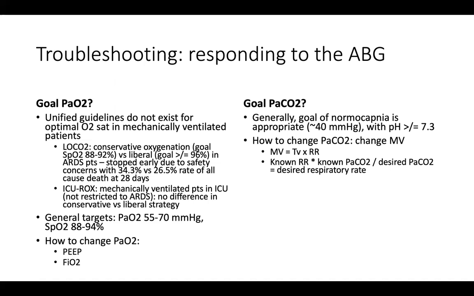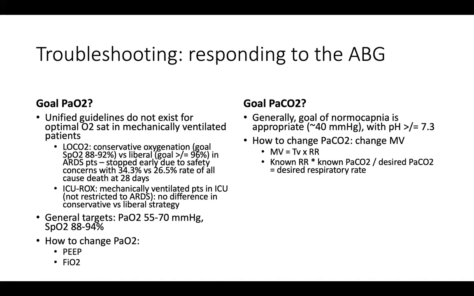And then to change these parameters, as we've been discussing, to change your oxygen, you're thinking about changing your PEEP, you're thinking about changing your FiO2, and to change your CO2, you want to change your minute ventilation. Often we have set a tidal volume that we are happy with and don't want to play with, particularly in ARDS patients where we want lower tidal volumes to help protect their lungs.